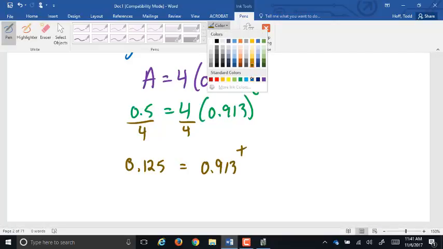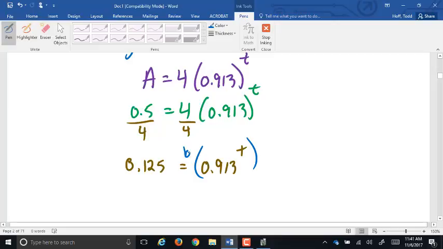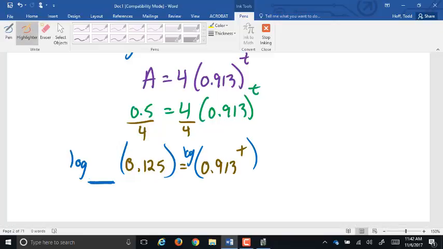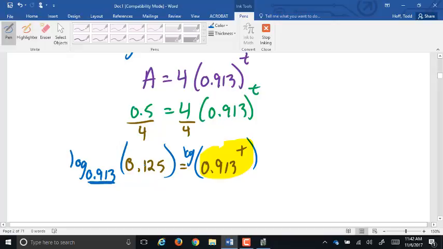And then you do have to do the log. Sam, what base is this log? What's going to go down here in our log? Perfect. Remember, it's always from the base of the exponent. The bottom number in the exponent is the base of our log.